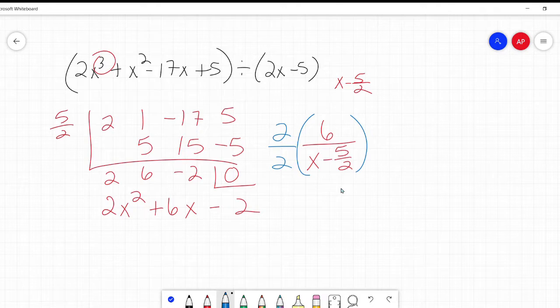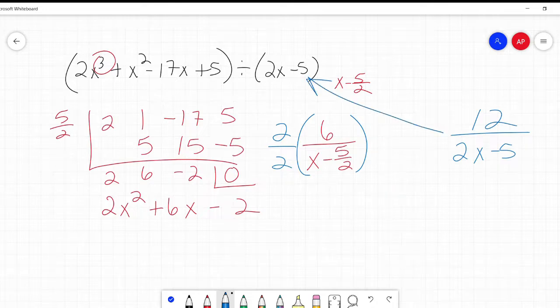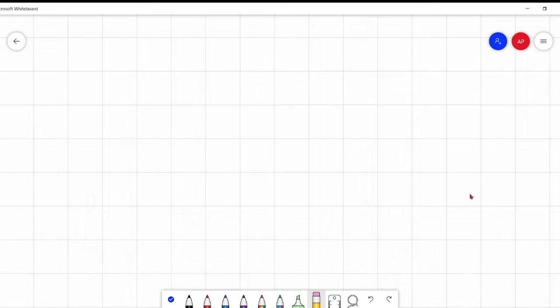So in that case, the remainder would be, in this hypothetical problem, 12 over 2x minus 5. Again, if you had a remainder for these kind of problems, that's how you get it to go back to looking like that.